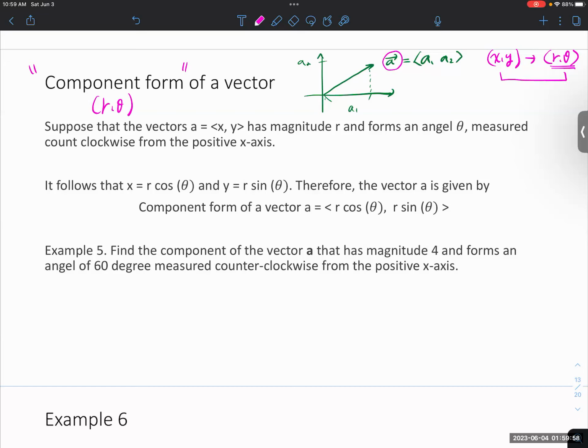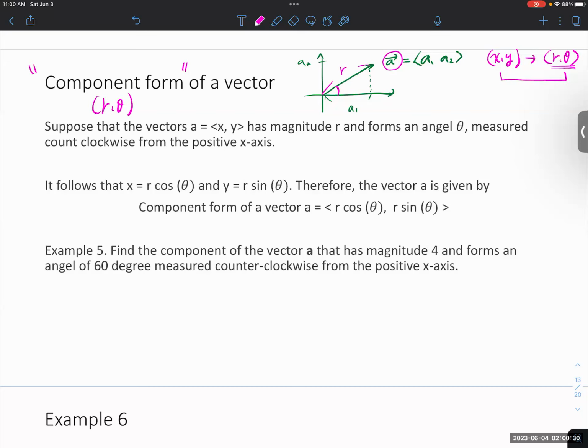Does it make sense? So we are going to convert x comma y in terms of r comma theta to indicate the location of a vector. If you remember, r is the radius, so this is going to be r. The magnitude is going to be r, right? And theta is going to be the angle between the vector and the x-axis.